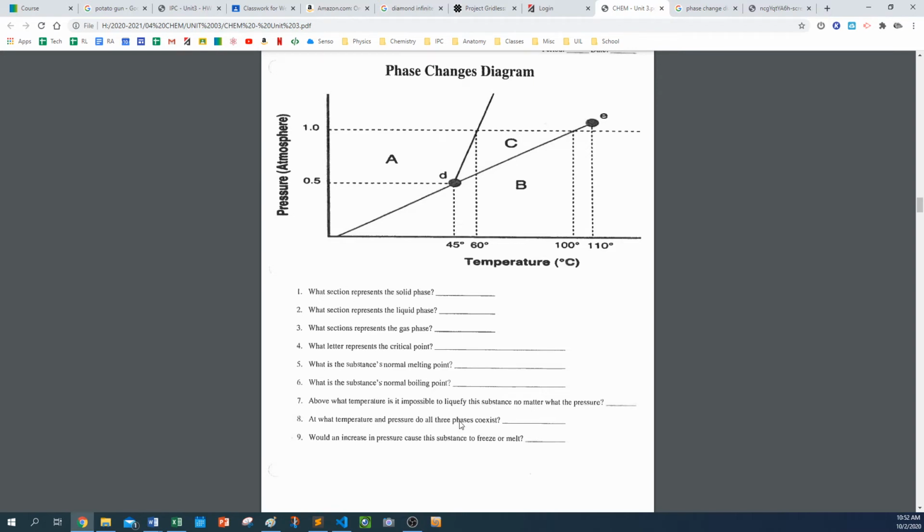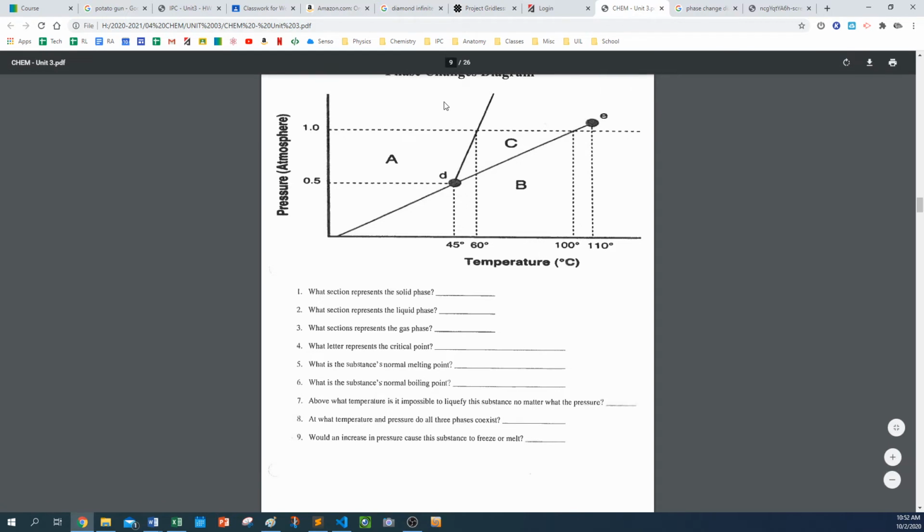Would an increase in pressure cause this substance to freeze or melt? So let's look at it.